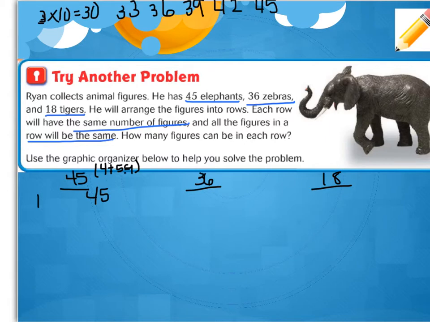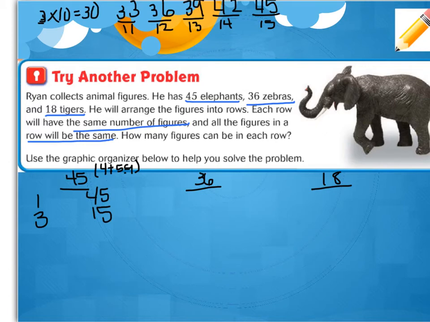Since I know that 3 times 10 is 30, this would be 3 times 11, 3 times 12, 3 times 13, 3 times 14, and 3 times 15. So 3 times 15 is 45.